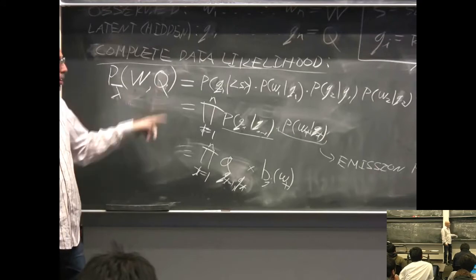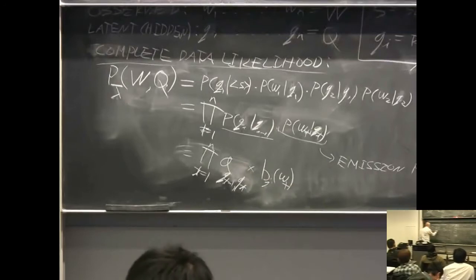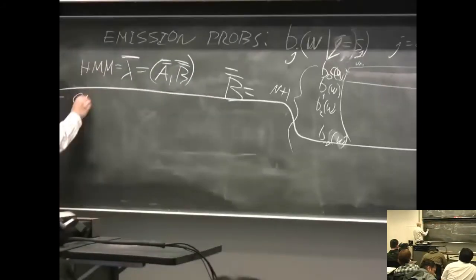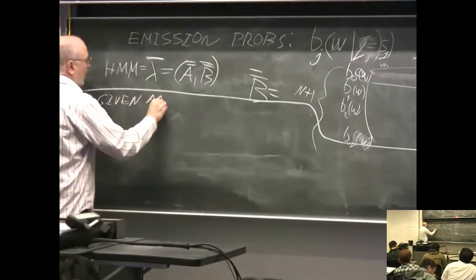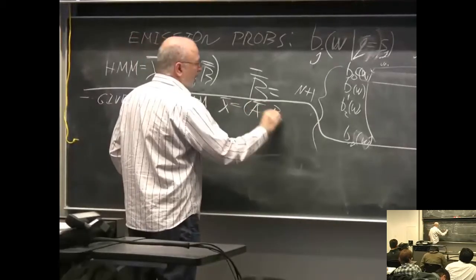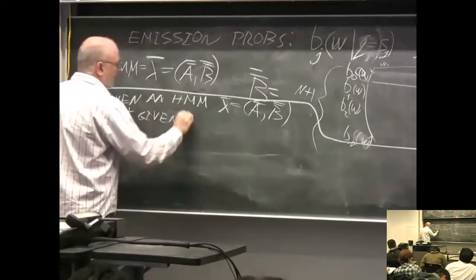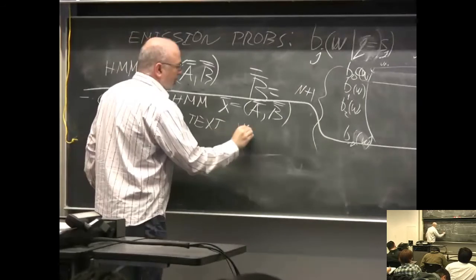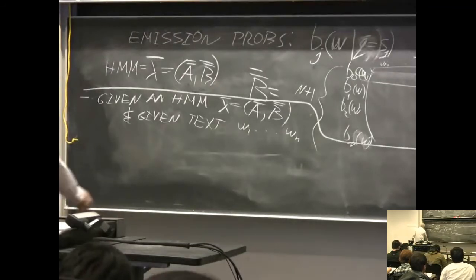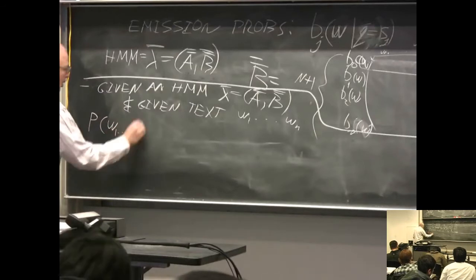Now, since it is hidden, somebody might ask me, how do I calculate, given a model, given an HMM, namely lambda, which consists of an A and a B, and given text W_1 through W_n, where small n is the number of tokens, what is the probability of this word sequence under the model?